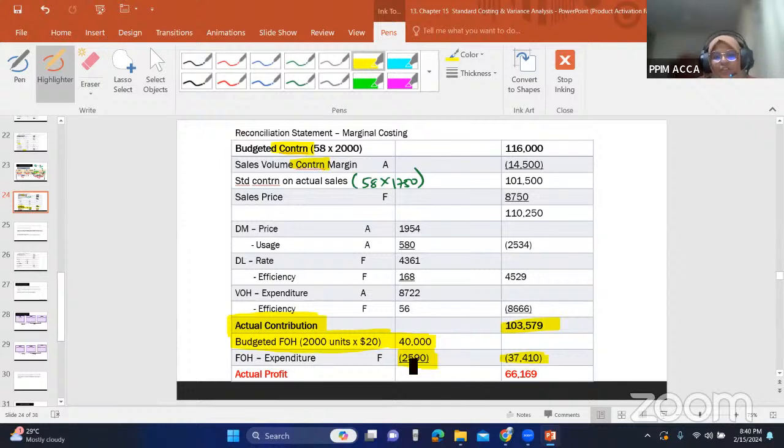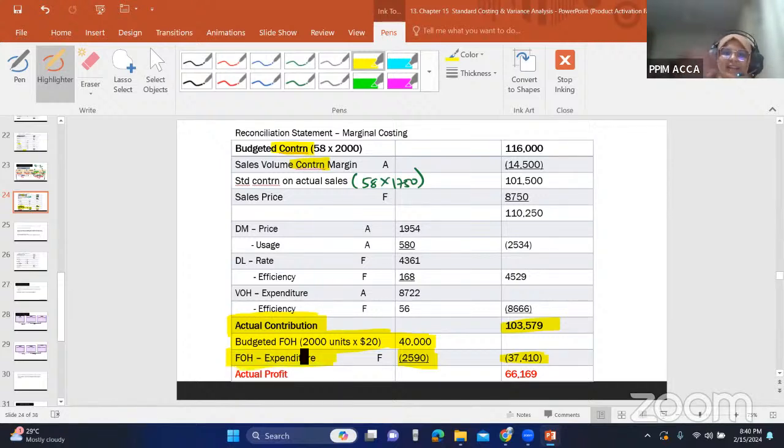It reduced your cost. So if you put this as a positive figure, then we will say that fixed overhead is 42,590, which is wrong. Fixed overhead was actually 37,410. But again, that is an expense. So that you will deduct from the actual contribution. So 103,579 minus 37,410, you will arrive at the actual profit.